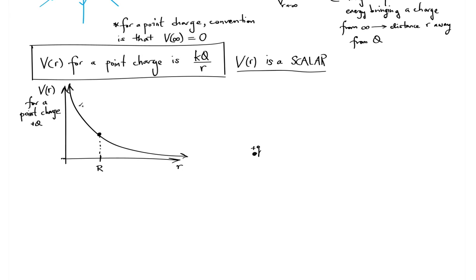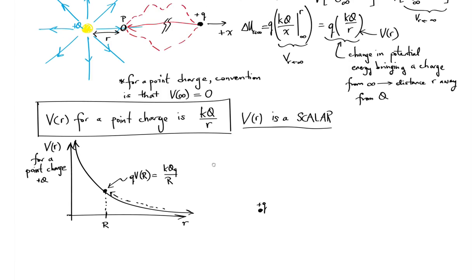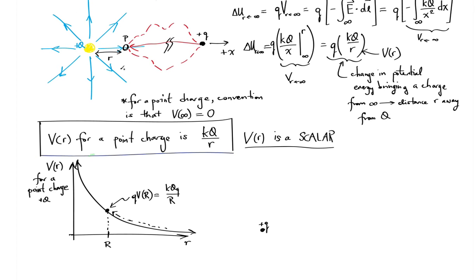So this is what V of R looks like. And so basically the electric potential energy that it has at this point is q times V of big R, which is basically just K big Q little q over capital R. But basically, you have to roll it uphill in order to bring it close, right? Because at every point, the electric field is trying to push it out to higher R because the electric field is pointing outwards, right?